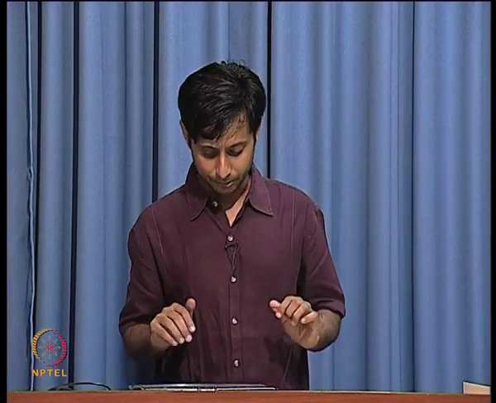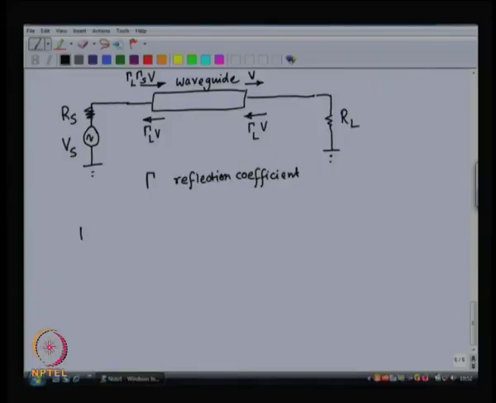Now, in future when we do the theory for all of this, we are going to find out that at the load, this reflection coefficient is given by an expression where ZL is basically R L in the case that I have drawn, and Z 0 is the characteristic impedance of the waveguide in question.